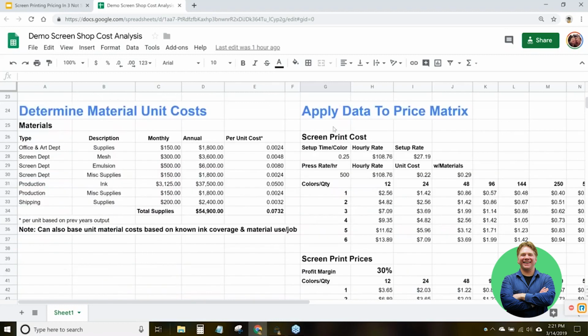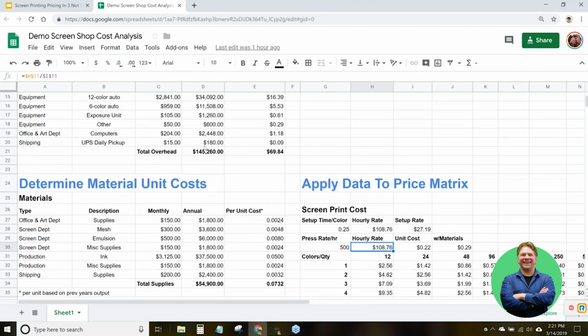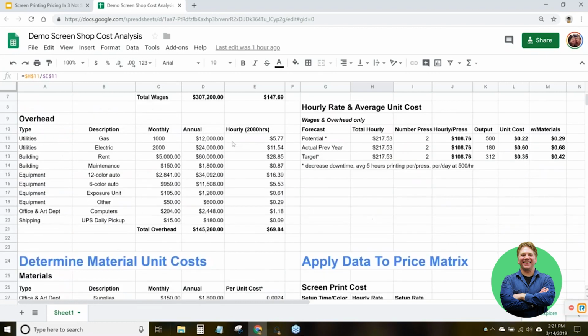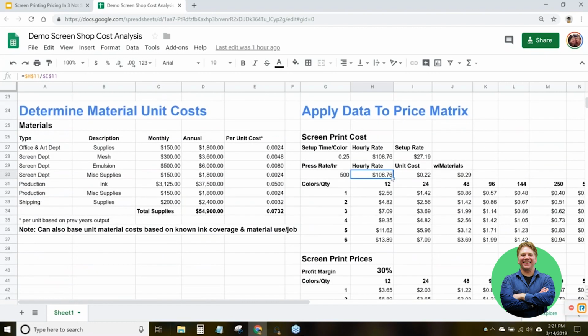So now I've got my data, and I also know the key factor here is I got to cover setup time. So here I've got my press rate, 500 pieces per hour, and I'm just pulling data from everything I built here, and I've got an hourly rate of 176 here to cover, which gives me a unit price of 22 cents.